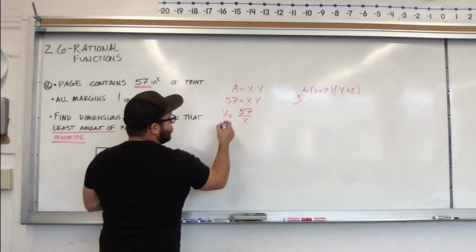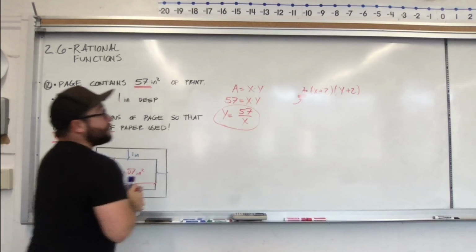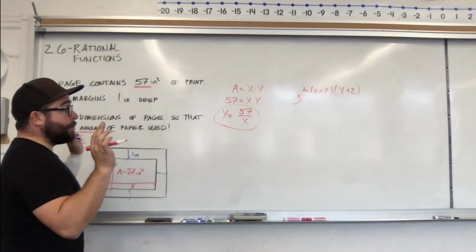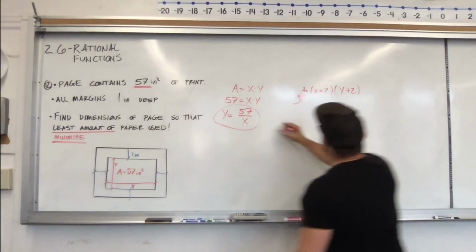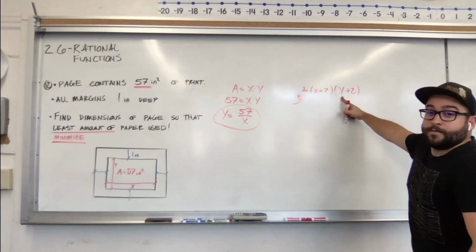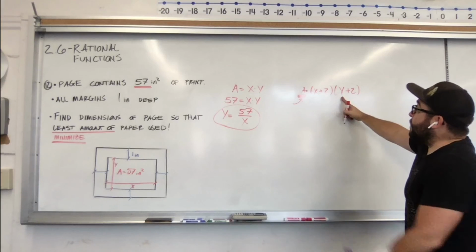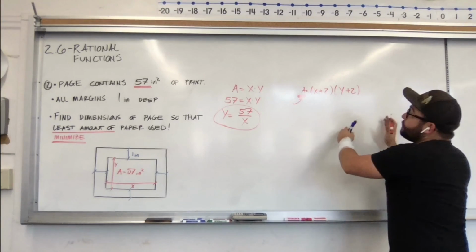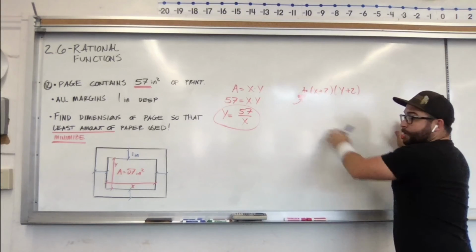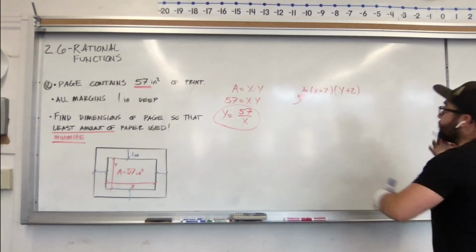If I just divide the x over, I get y is 57 over x, and that's what we know. Now here's the nice thing about that. If I substitute that in for this y, then that means the only thing I have to worry about is that variable x. So it's only one variable that the area is in respect to. Now it becomes something more that we can work with.